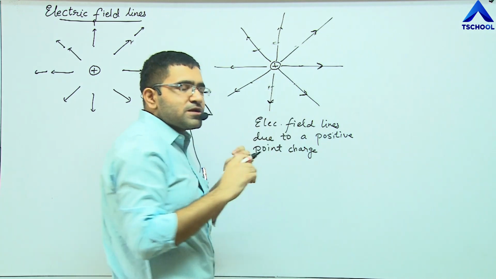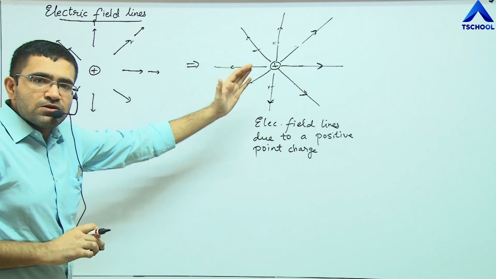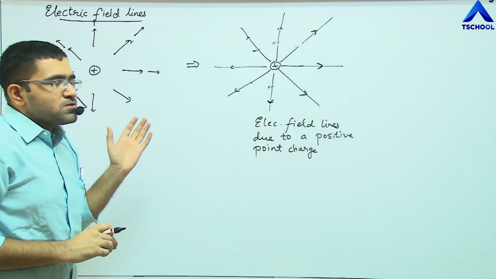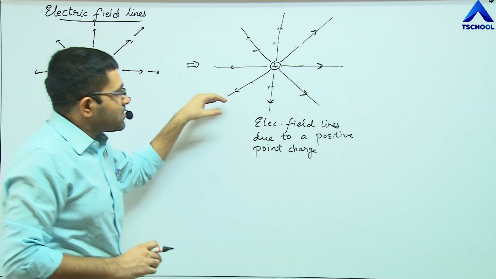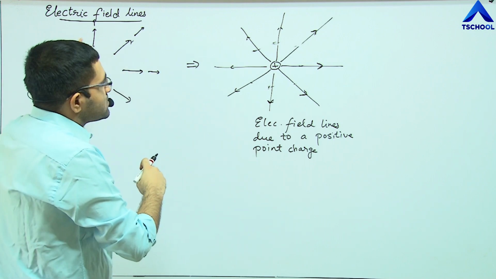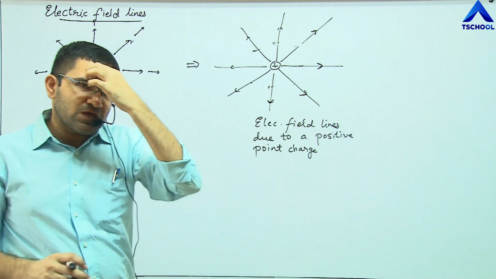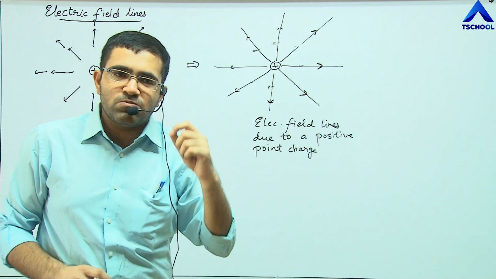These arrows indicate the direction of electric field vectors. When you compare these diagrams, you'll understand that these arrows refer to the direction of electric field at various points. That's something very essential, very important.